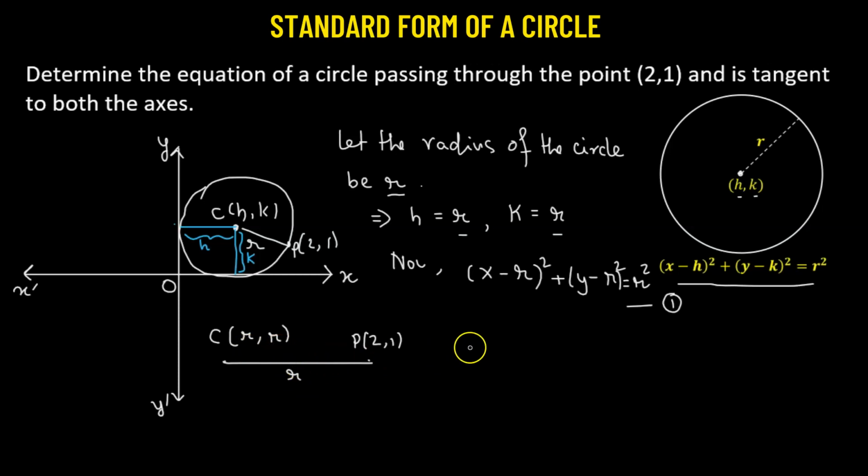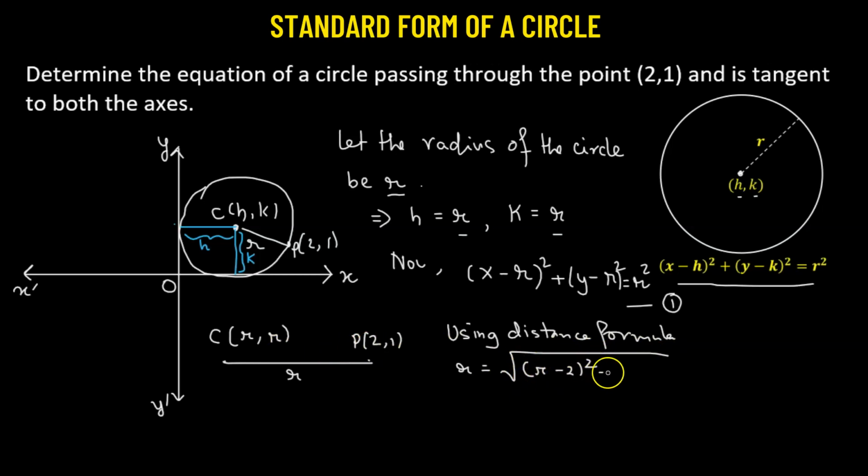So we use the distance formula. r equals the square root of the square of the difference of the x coordinates, (r minus 2) squared, plus the square of the difference of the y coordinates, (r minus 1) whole squared. Now we'll have to solve for the value of r. There are two possible values of r: r equals 5 and r equals 1.